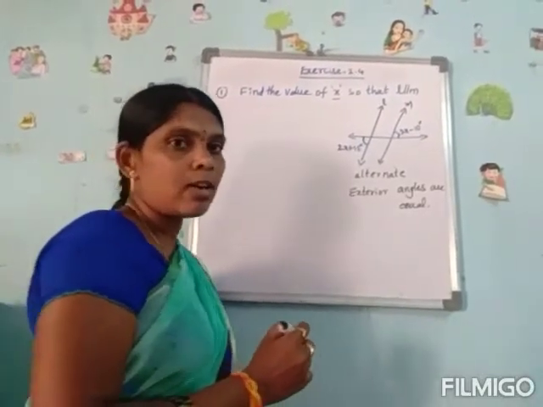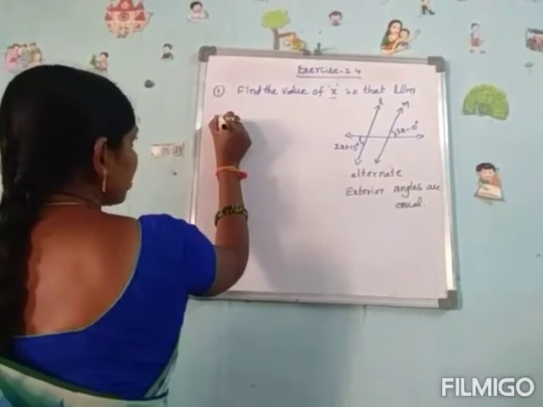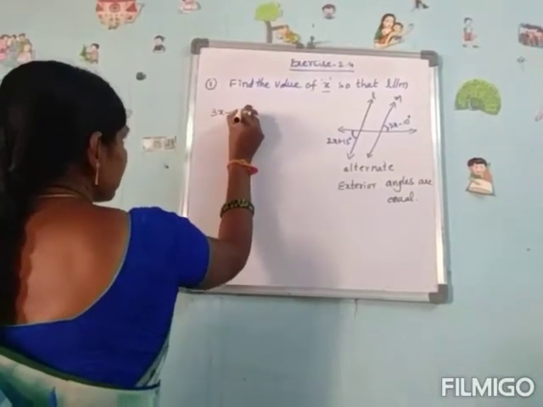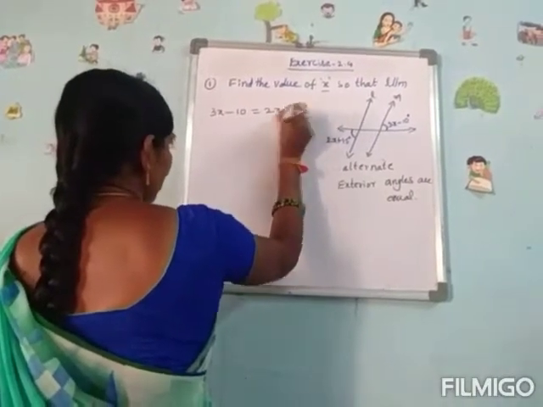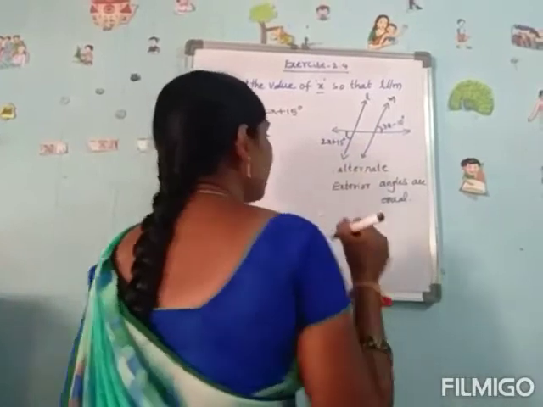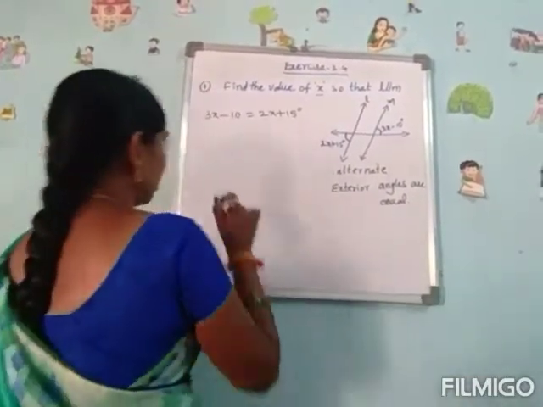So 3x minus 10 equals 2x plus 15, because these two are alternate exterior angles.